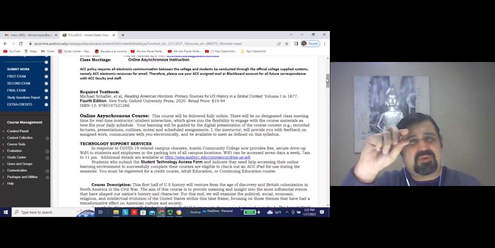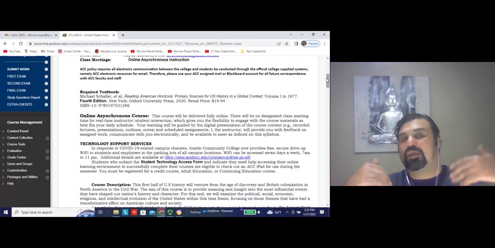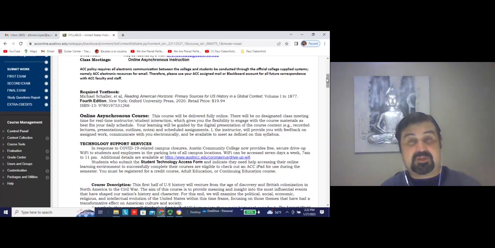It's really a very thin booklet, about 190 pages in length, and the cost is about $20 when you buy it new. Used, it might be even less. You might get a used copy for $12, sometimes even $8. So this is the only financial investment in terms of textbooks that you're required to make for this course.